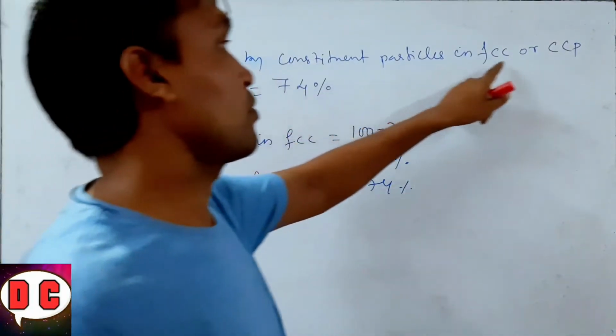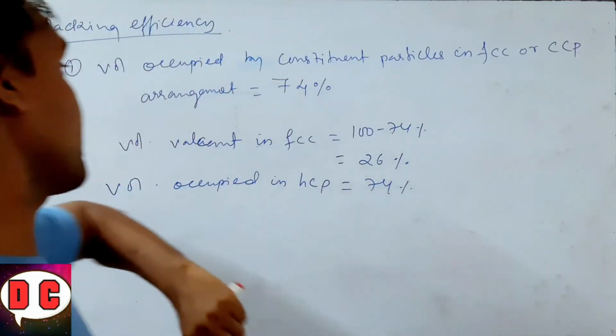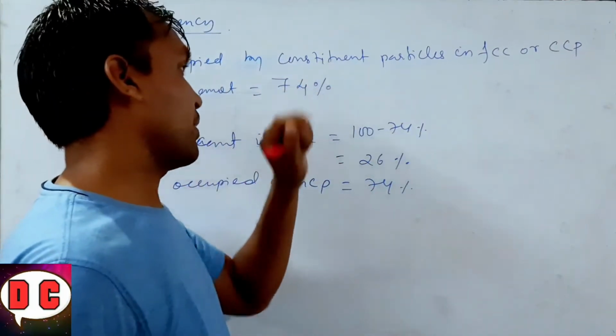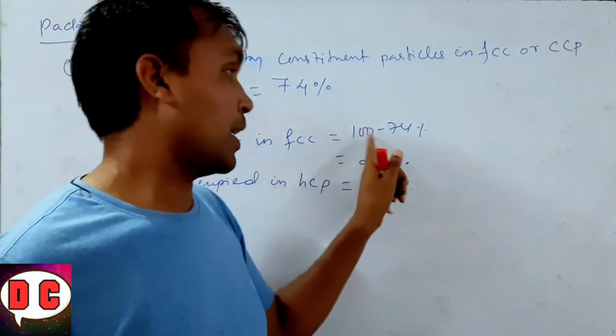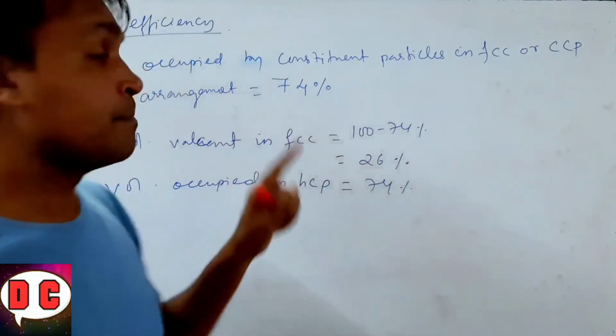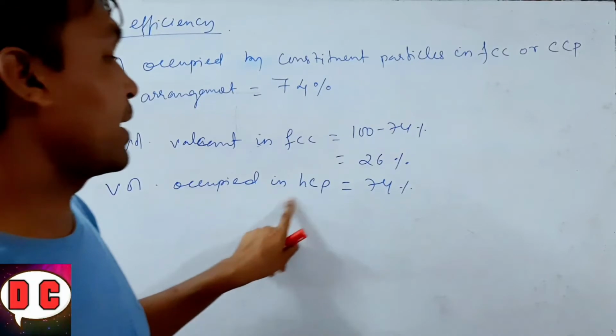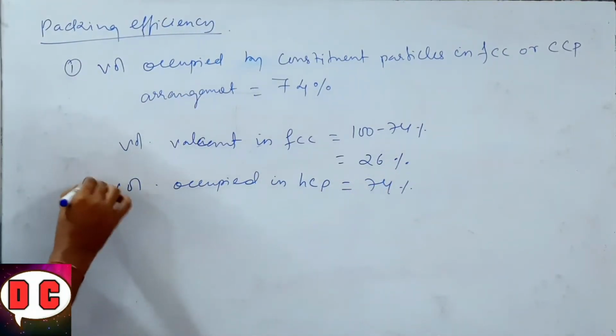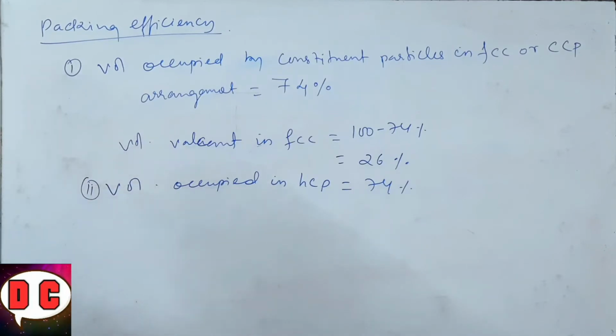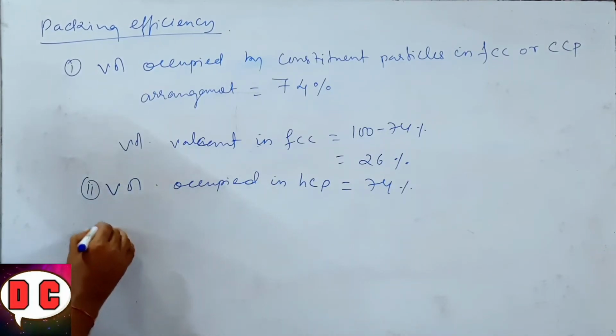Volume occupied by constituent particles in FCC or CCP arrangement is equal to 74%. Volume vacant in FCC is 100 minus 74, that is 26. Next, volume occupied in HCP structure is also equal to 74.